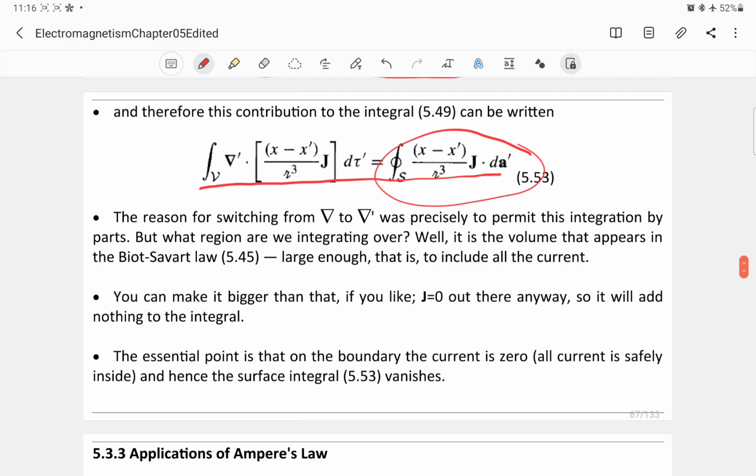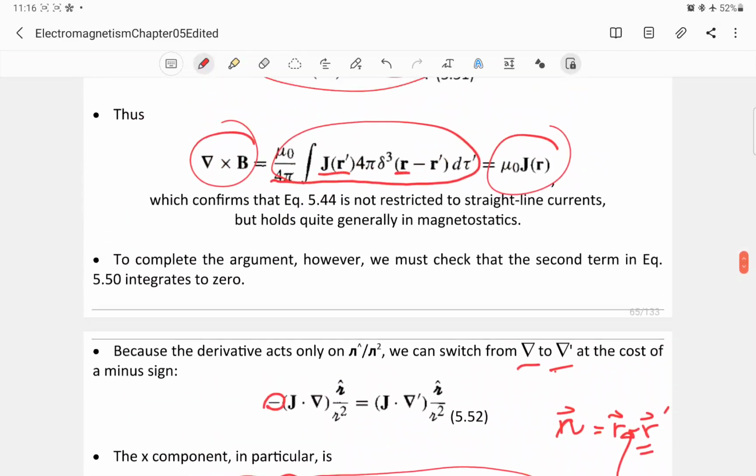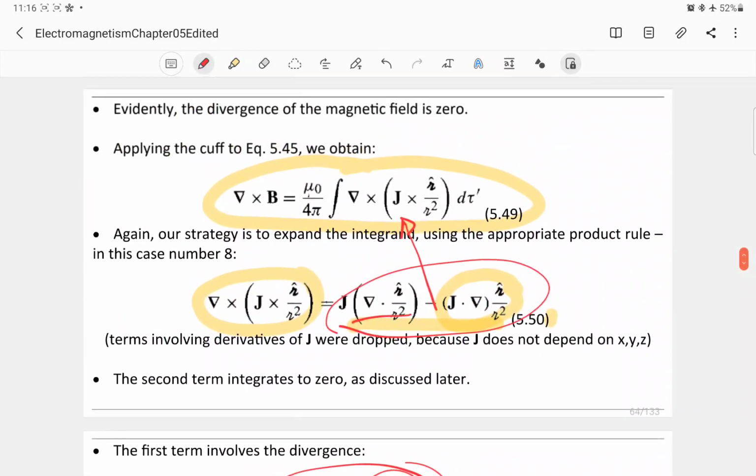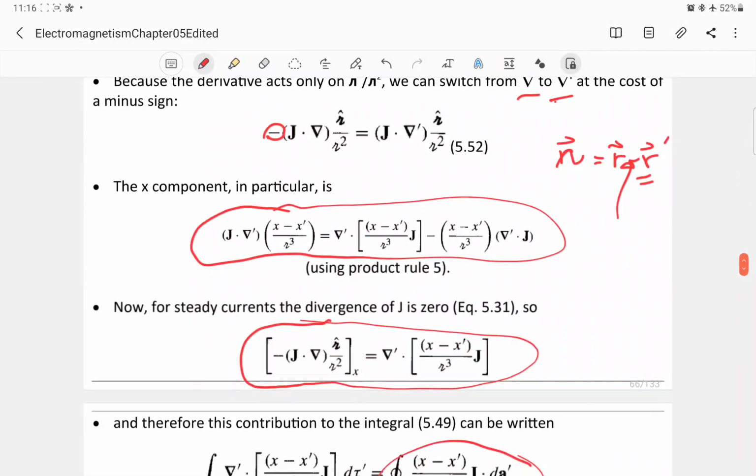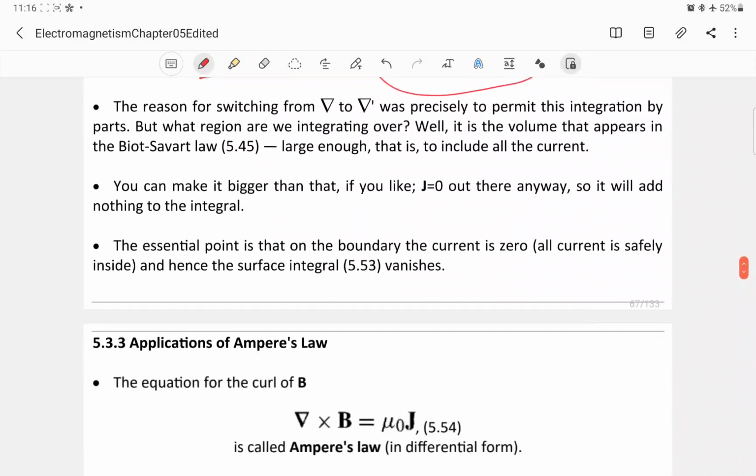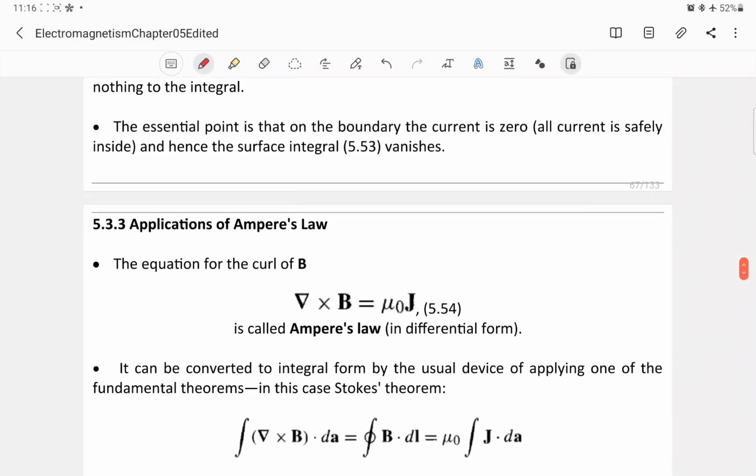So therefore, when you go back here, this one here is always 0, as I explained earlier. Therefore, our curl of B is this one.